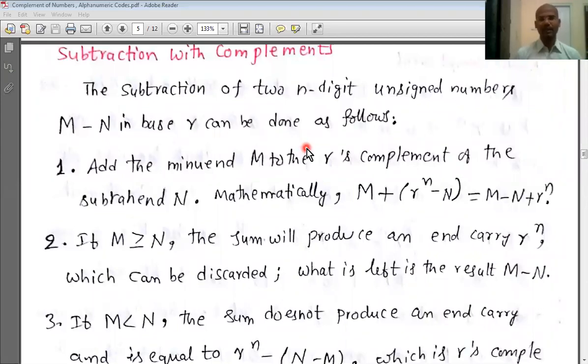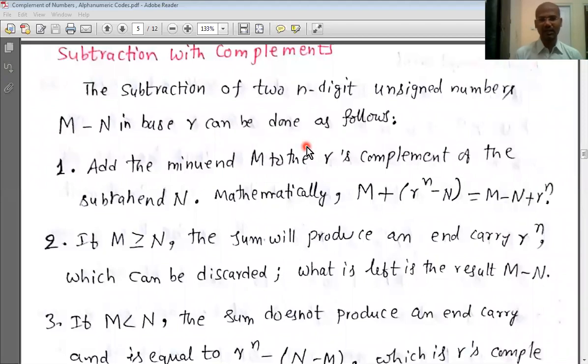That answer is the 9's complement of the given number. And if you want to find the 10's complement, find the 9's complement first and add 1 to the result. That becomes the 10's complement.